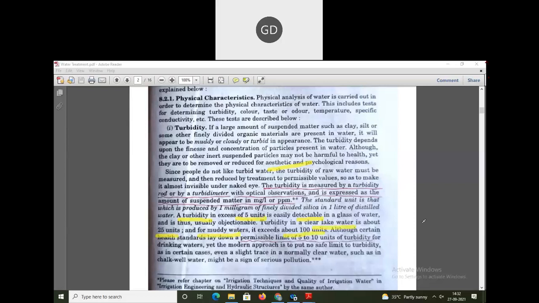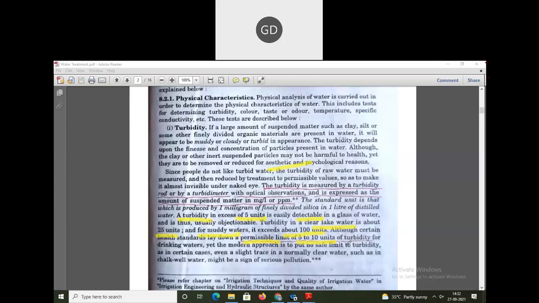What is the permissible limit of turbidity? The permissible limit of turbidity is 5 to 10 units in drinking water. That means if the turbidity in water is between 5 to 10 milligram per liter, you can drink that water.